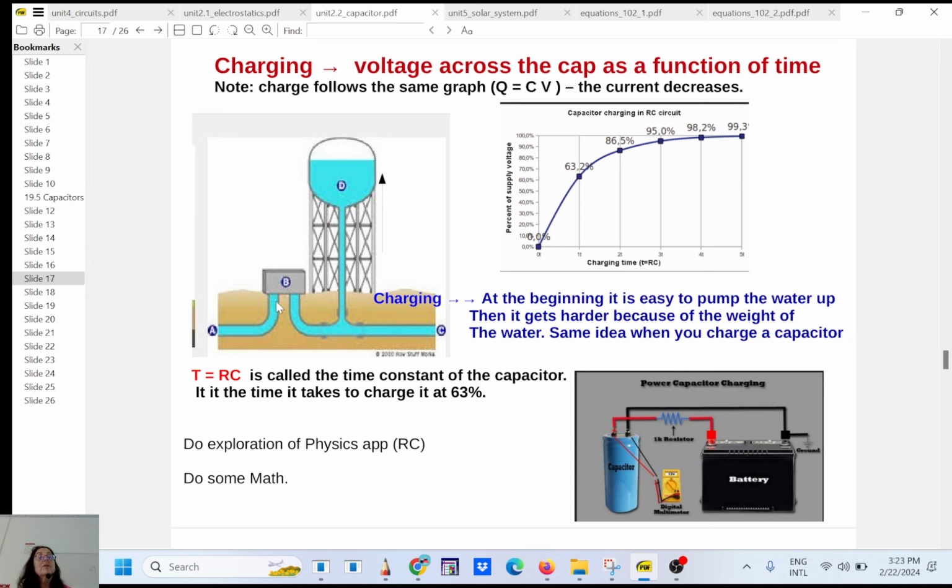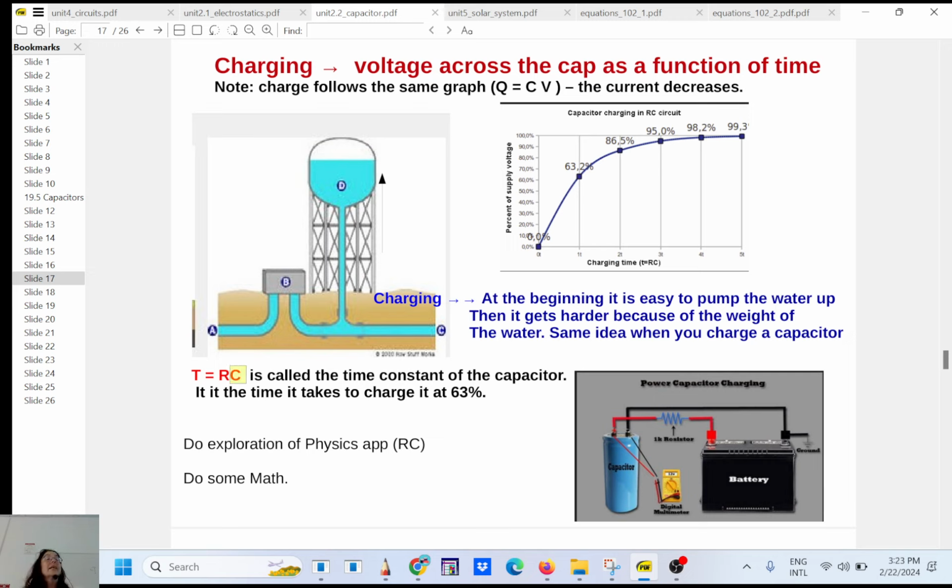But for a given voltage, for a given pump, the time depends on what? The size. Yes. Okay, if you have a big reservoir, of course it's going to take more time. Does it make sense? And the size is the geometry. And the geometry is defined by what?